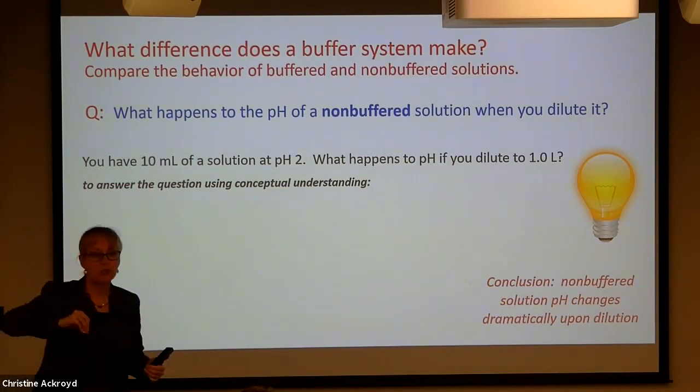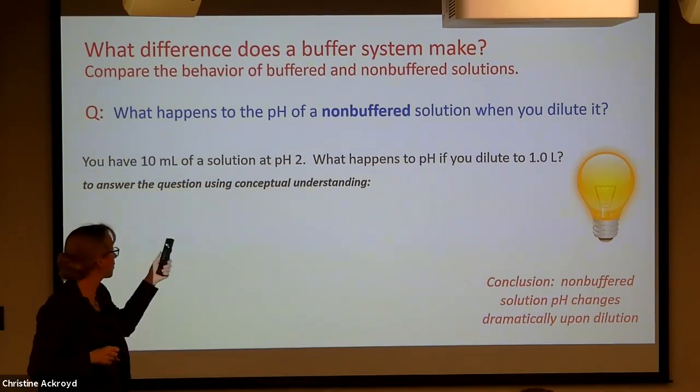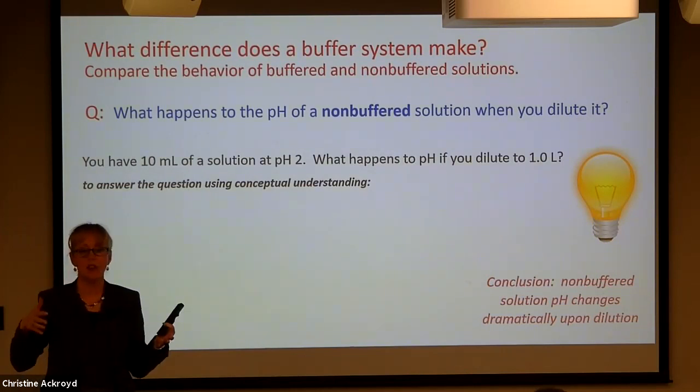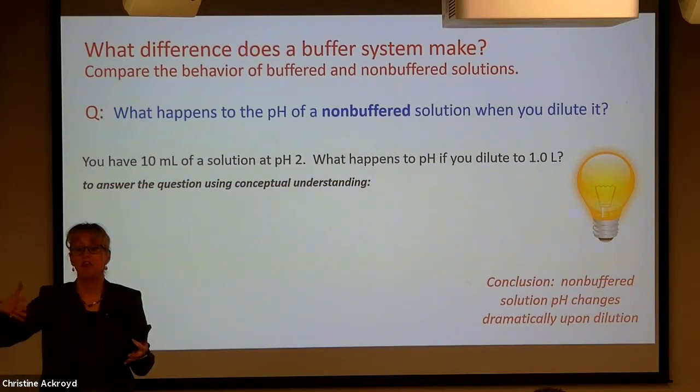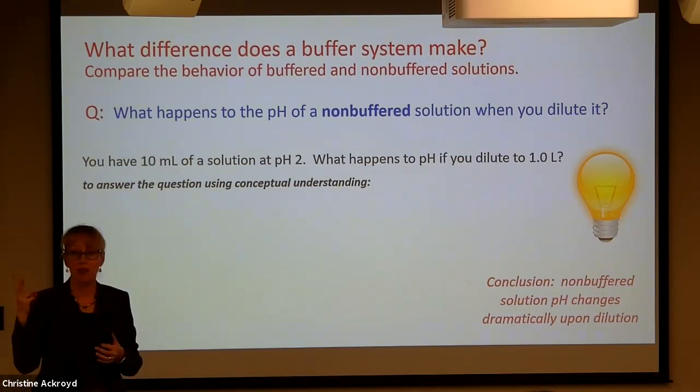When we dilute our hydronium concentration, if we go from 10 milliliters to 1 liter, we're diluting 100-fold, right? So when we dilute our hydronium concentration, what happens to the concentration? It goes down 100-fold. When the hydronium concentration goes down 100-fold, what happens to the pH? It goes up by 2 pH units.